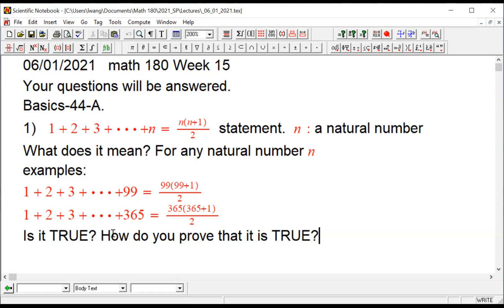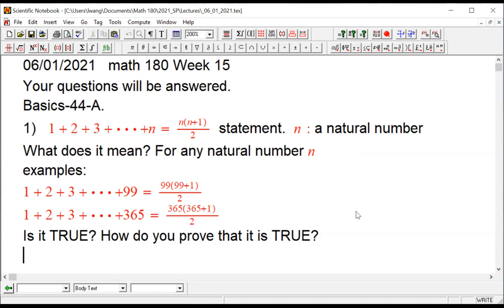But even if it is true for the first 100 natural numbers, can you still prove that for all the remaining natural numbers, they're all true? That's the question. All that we are doing here is actually called verifying. They're not proof. So we need a method.